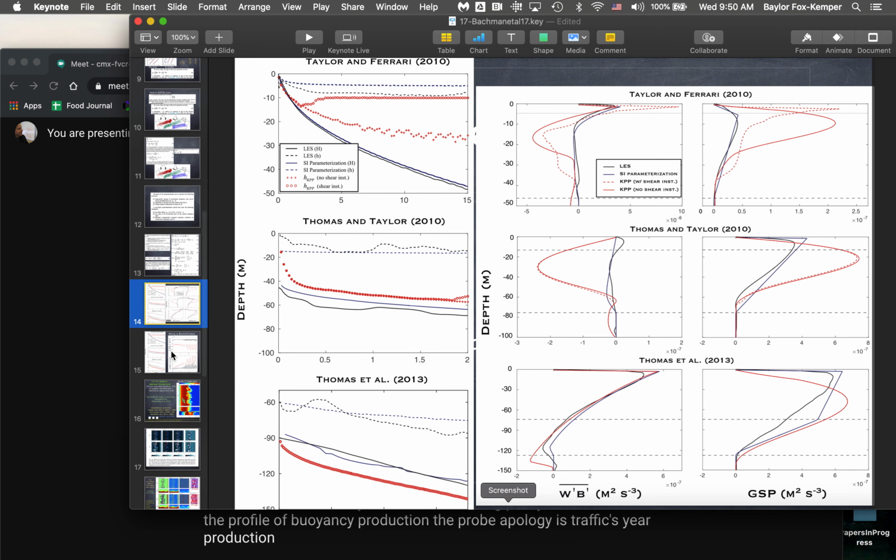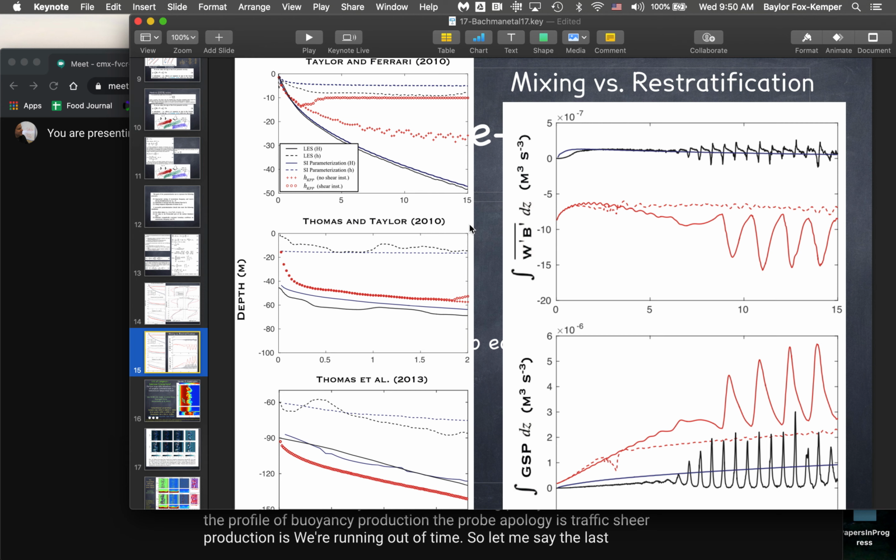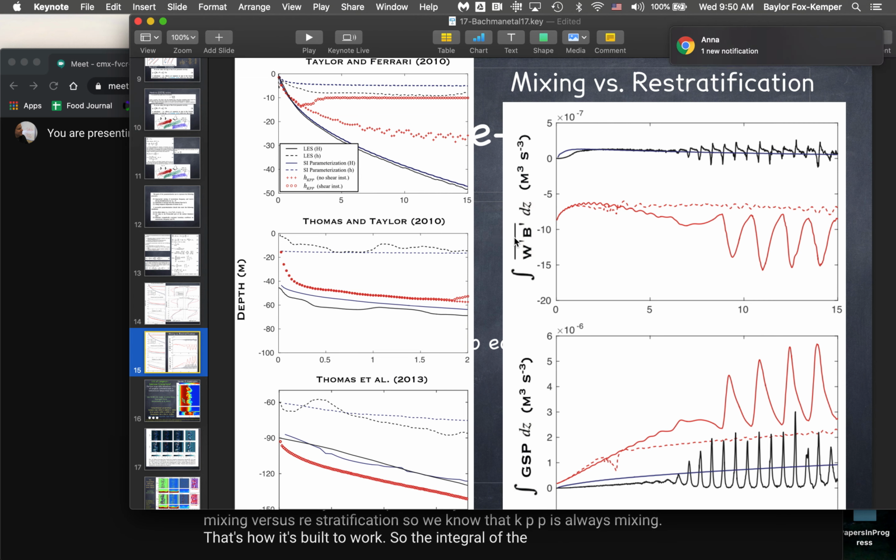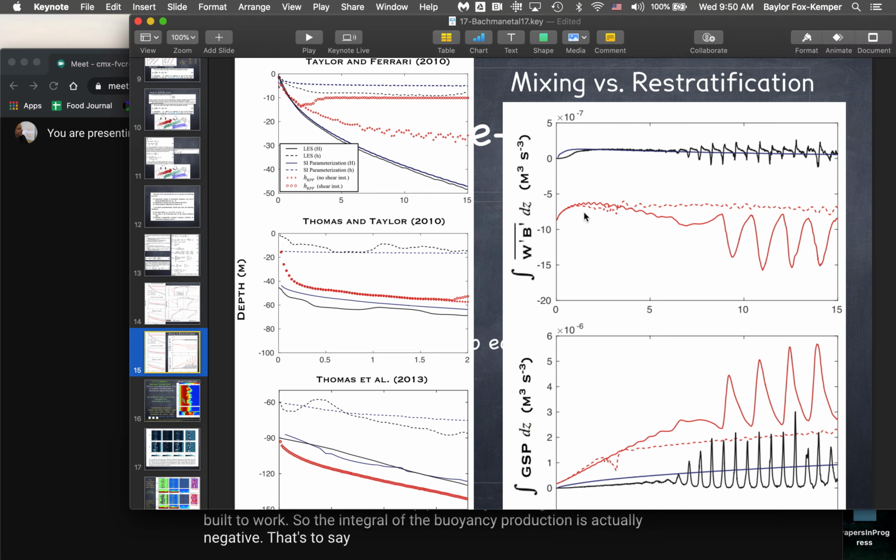We're running out of time, so let me say the last piece is, just to think about mixing versus restratification, we know that KPP is always mixing. That's how it's built to work. So the integral of the buoyancy production is actually negative. That's to say that KPP is injecting potential energy through mixing, whereas the SI scheme is doing the opposite.